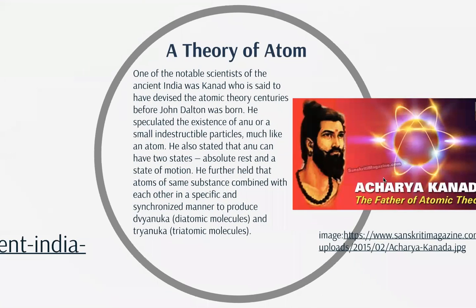Now, also we had the idea of Kanad, who, well before the ideas that we talk about atoms now, had worked out that probably atoms were these things called atoms, small indestructible particles.